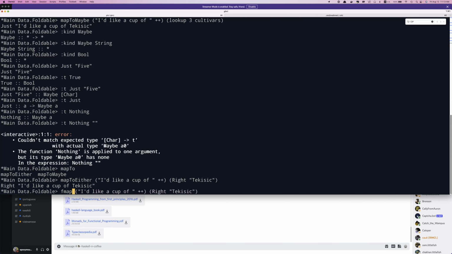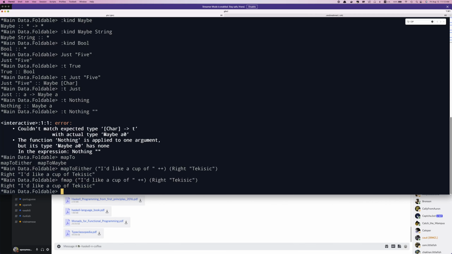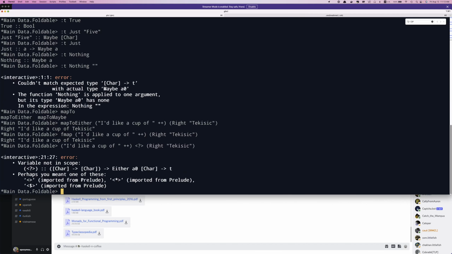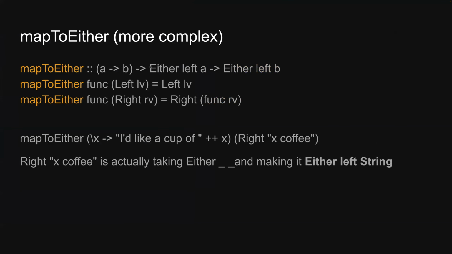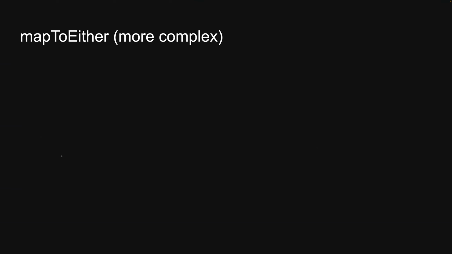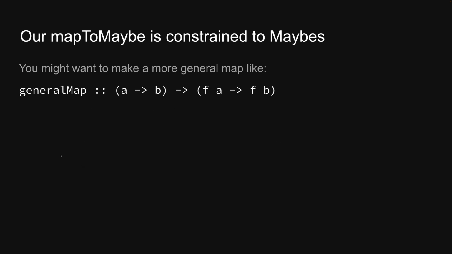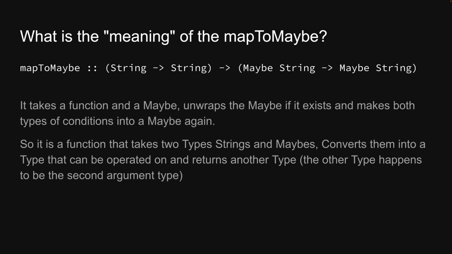So fmap says "I'd like a cup of" Tekisik. I think you can also do, oh wait, no, I can't remember what it is right now. We'll look that up in a second. But if you do the fmap instead of map to either, or instead of map to maybe, then you'll get the same result.